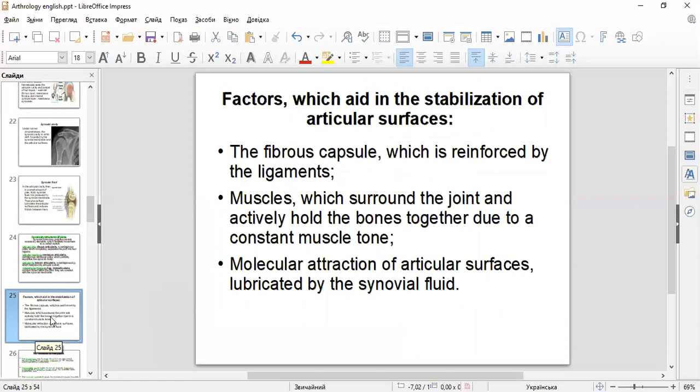Factors which aid in the stabilization of articular surfaces. The fibrous capsule, which is reinforced by the ligaments.